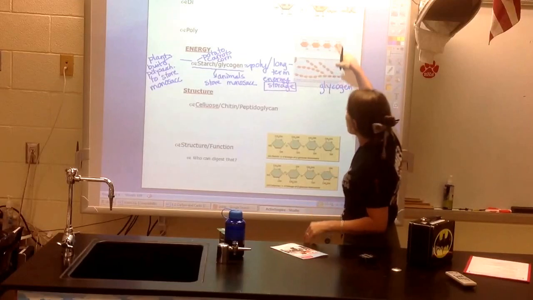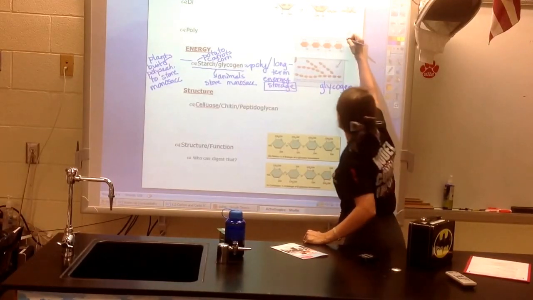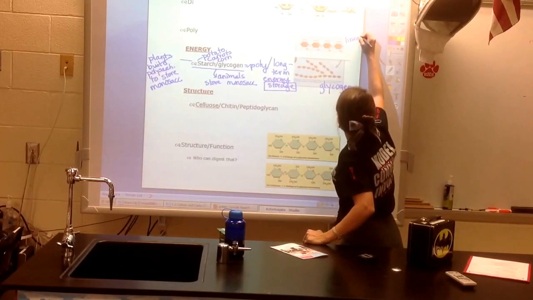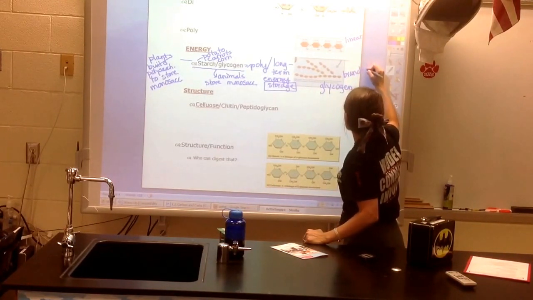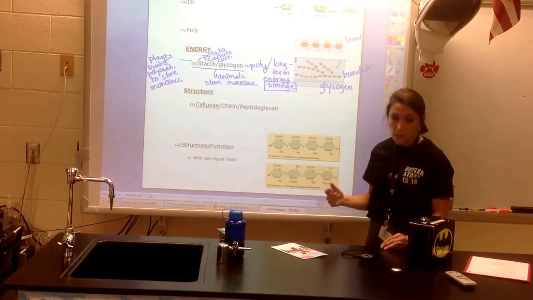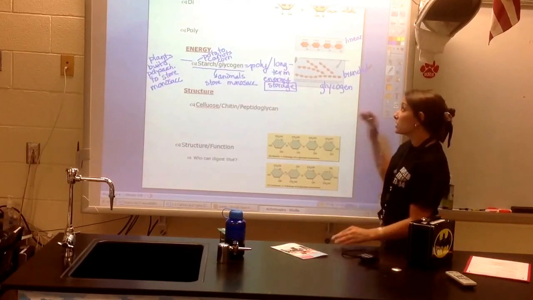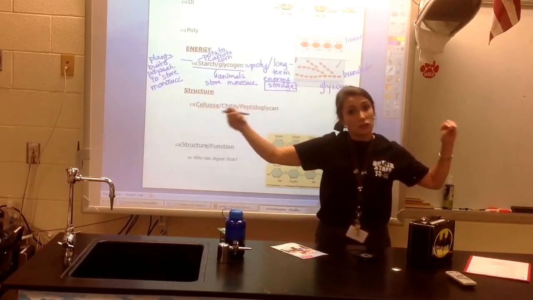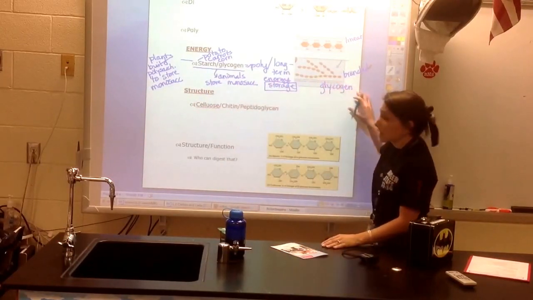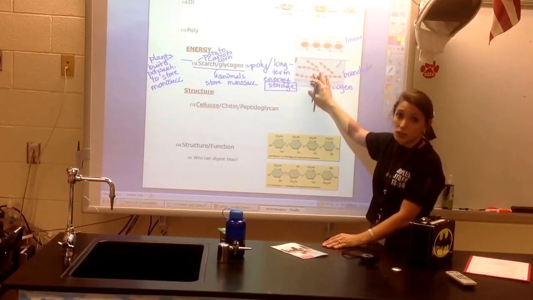And so if you look at starch, starch is linear, and glycogen is branched. So they're similar. They're both made of many monosaccharides. But they're different in that starch is made by plants in a linear form. Glycogen is made by animals, and it's in a branched form.